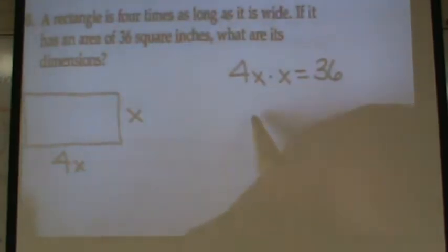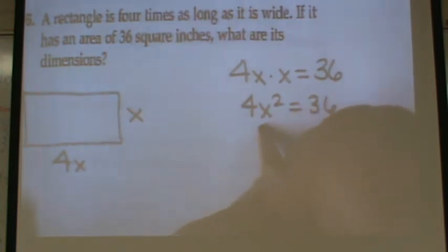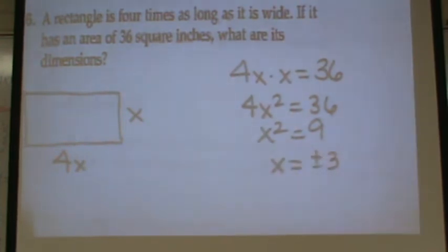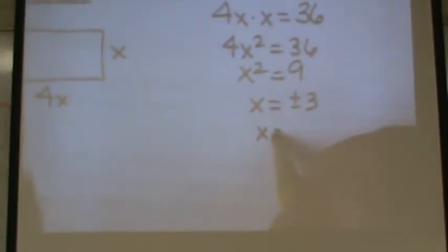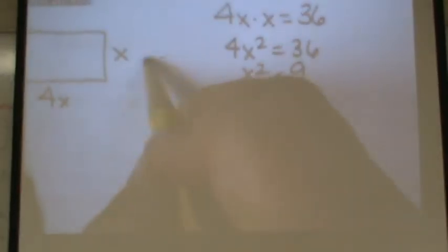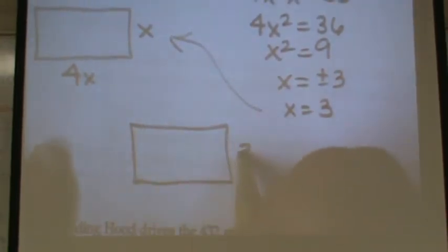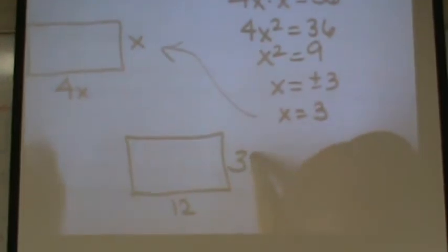That's the area. You get 4x squared equals 36. Divide by 4, you get 9, take the square root. You normally get plus or minus 3, but you're going to eliminate the negative answer. So x is 3. So it's a 3 by 12 rectangle, and it's in inches.